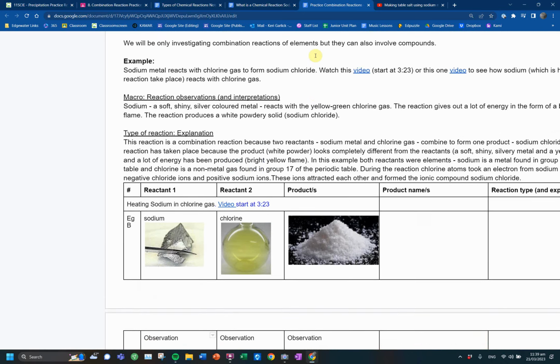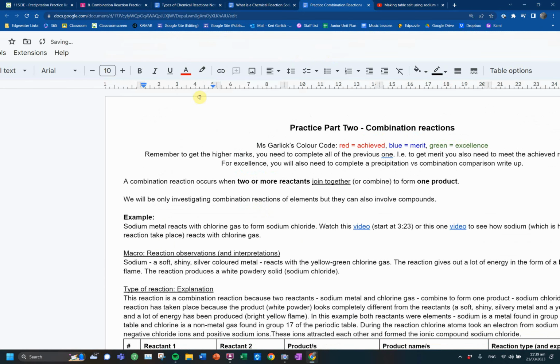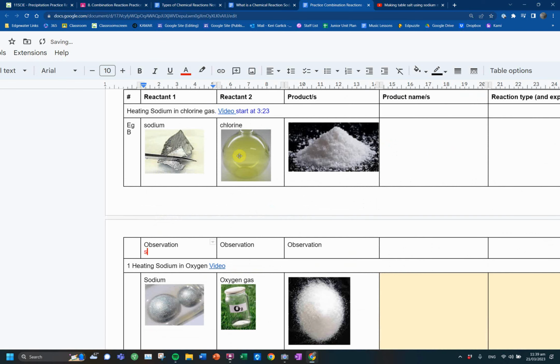Why is that so pale? There we go. All right, so we have a solid. And when we describe that solid, is it shiny or dull? It's shiny. And what color is it? Gray. So we have a solid that's a shiny gray.